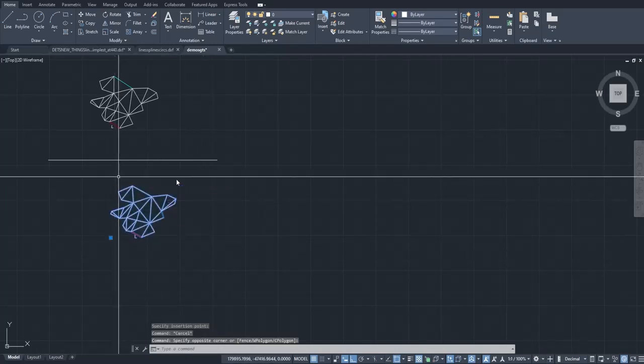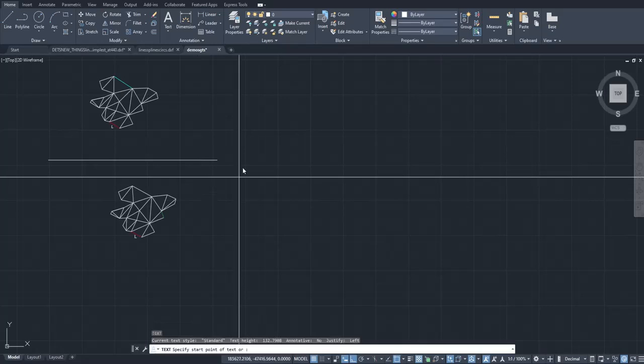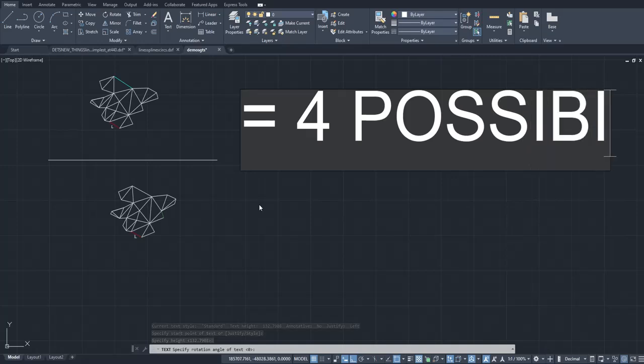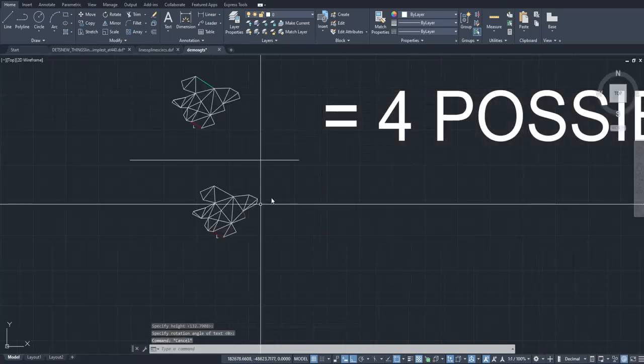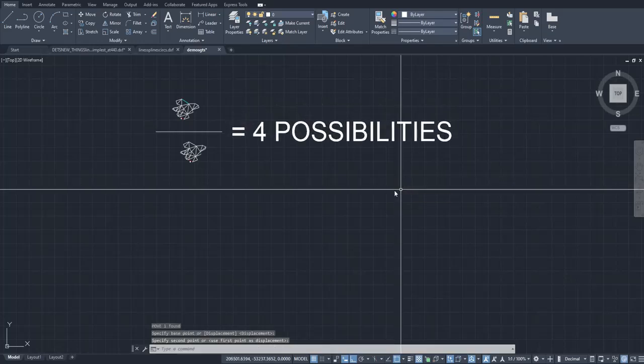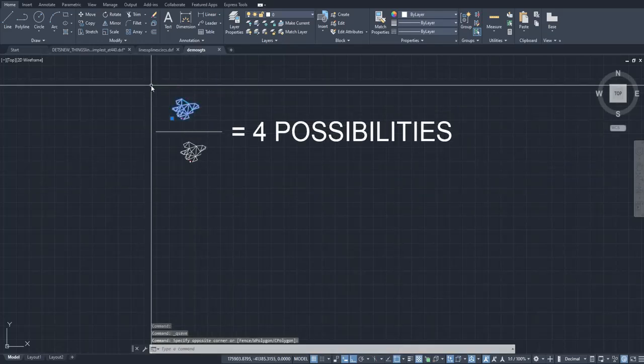So this is equal to four possibilities in CAD programming. These are the four possibilities of placing the numerator with the denominator.